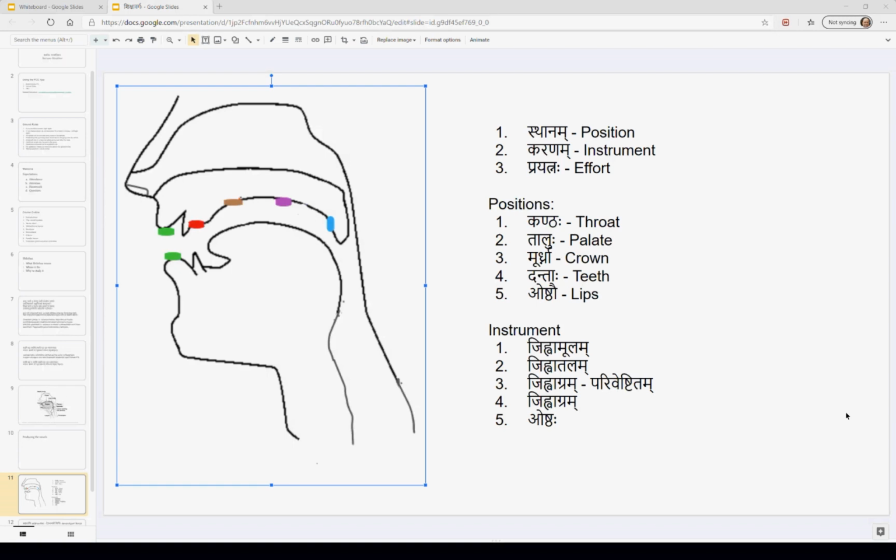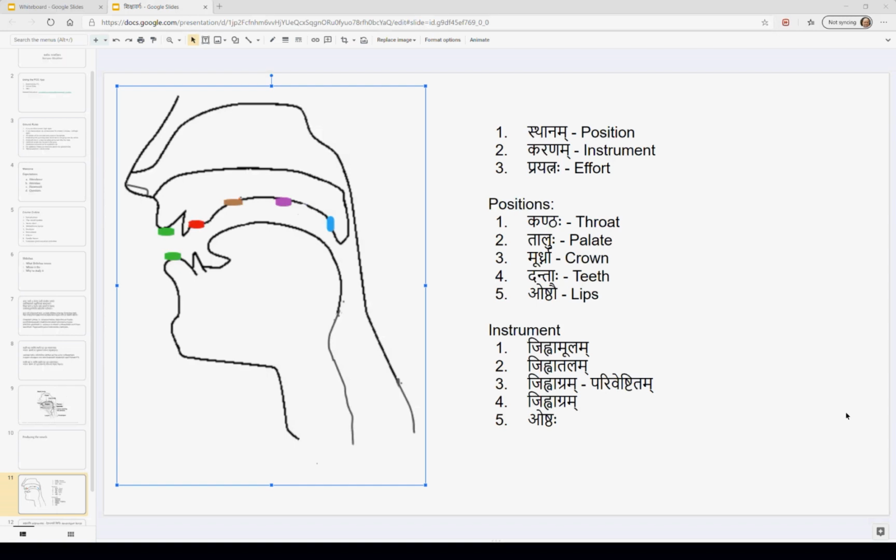Basically, there are three factors given in phonetics, or Shikshaa. Sthanam is the position of the sound, the place where the air is constricted to produce the sound within the oral cavity.